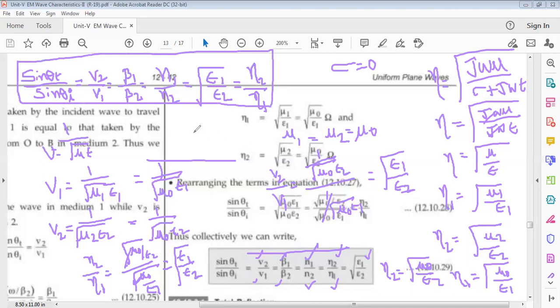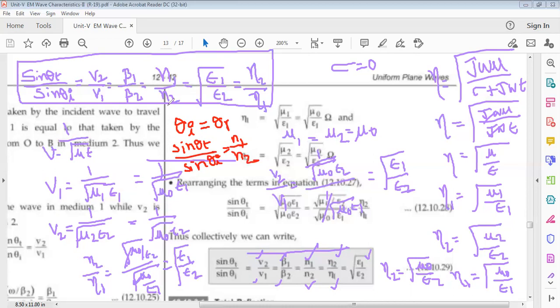In this, Snell's law of reflection is theta i is equal to theta r. Snell's law of refraction, refraction means in terms of the index of refraction, that is sine theta t by sine theta i is equal to N1 by N2.